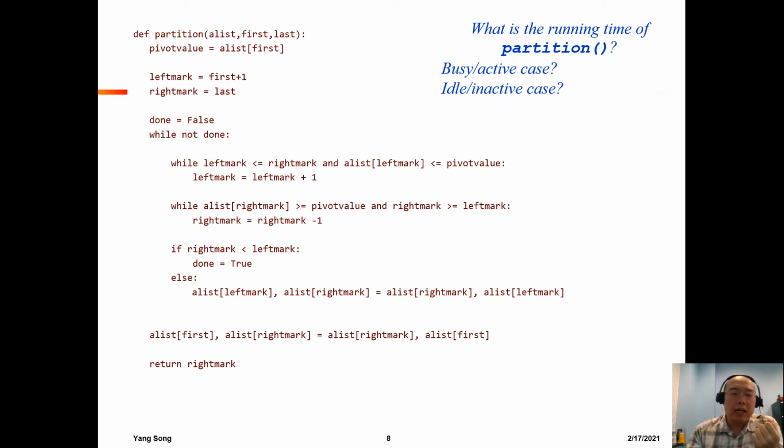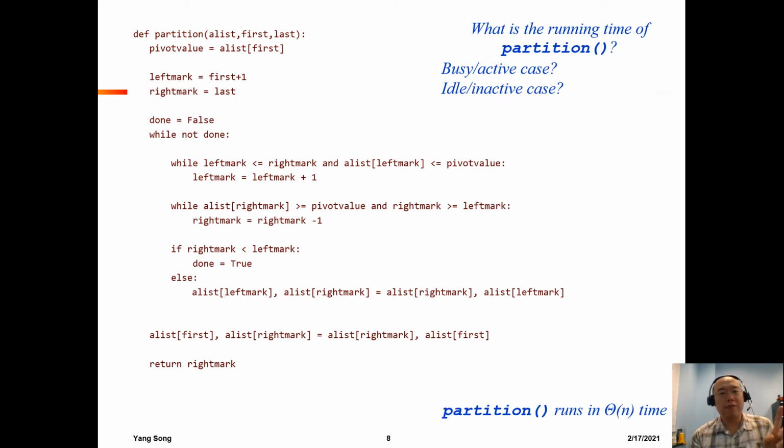Or if for most of the values, or all the values, they are on the right side before those two cursors meet, then there's nothing to be swapped, and that will be an idle or inactive case. But my argument is, it doesn't matter. The partition is a big theta n time algorithm anyhow.